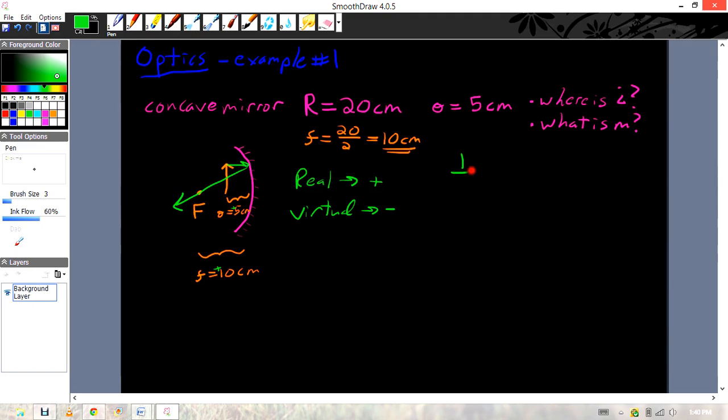Now we simply write the equation down and plug in accordingly. O is positive 5. I is the question. And F is positive 10.